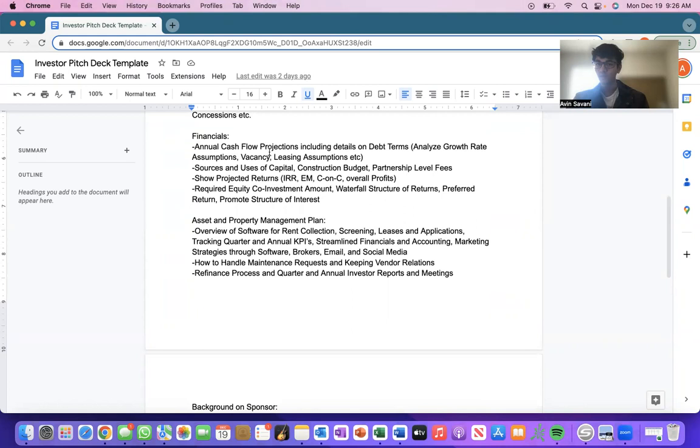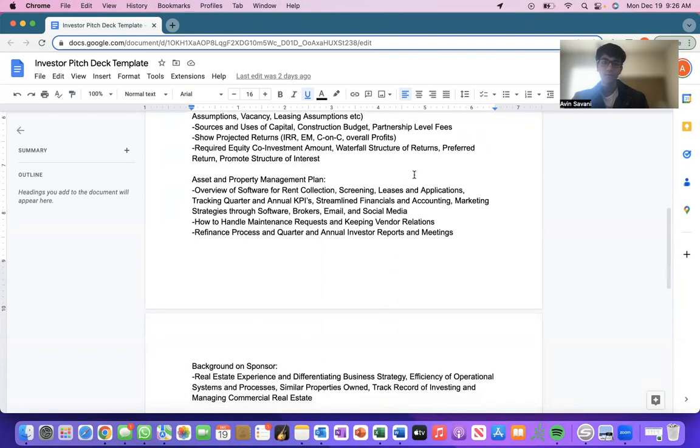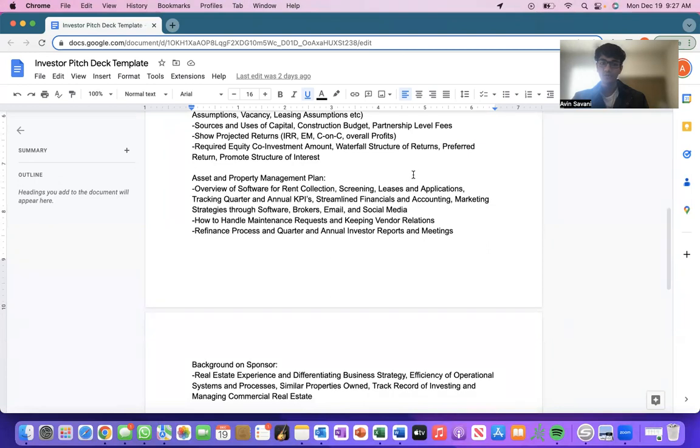All of that would be the uses of funds. I just mentioned that partnership level fees would also be attached to either the sources or uses of funds. And then show the projected returns, like I mentioned: the IRR, the equity multiple, cash on cash return, overall profits.